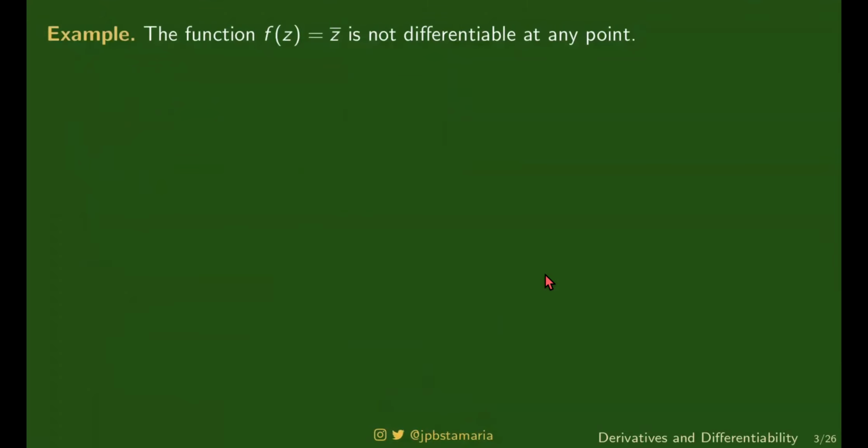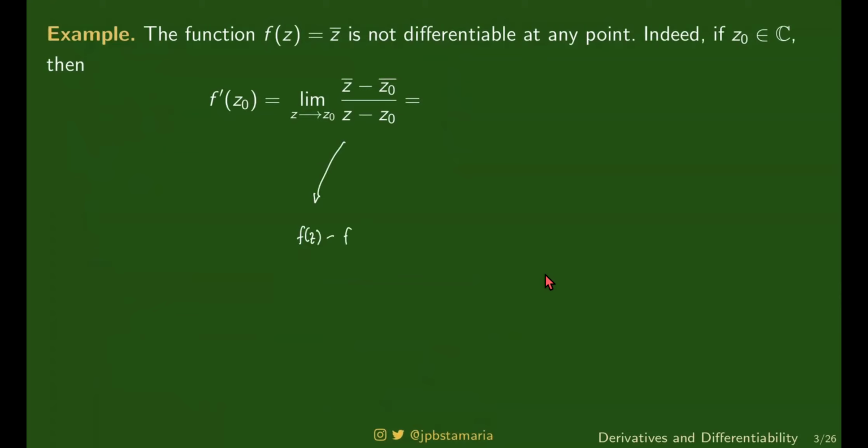Kasi kapag kumuha ka ng arbitrary point in the complex plane, let's say z0, pag kumuha ka ng z0 anywhere in the plane and you try to calculate the derivative, of course, the derivative is a limit. Ito yung f of z. Sinulat ko na ganyan. Right? It is equal to this limit.